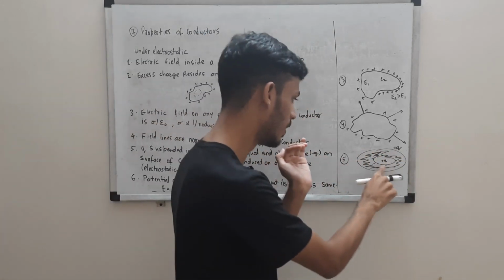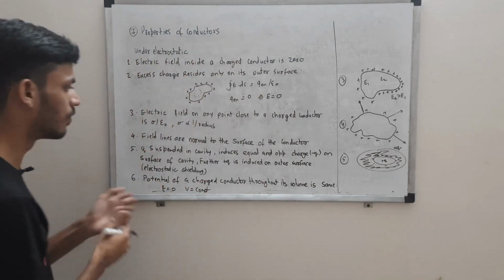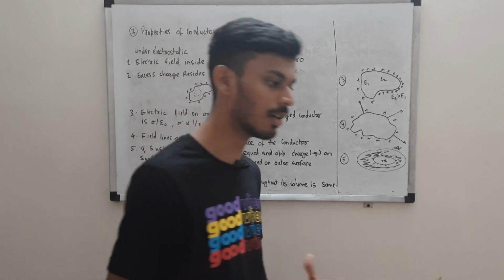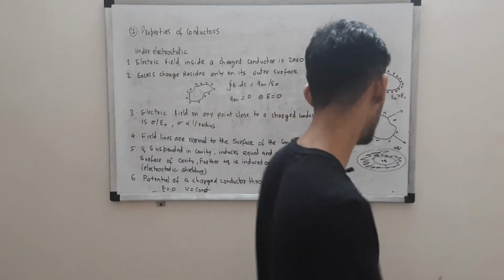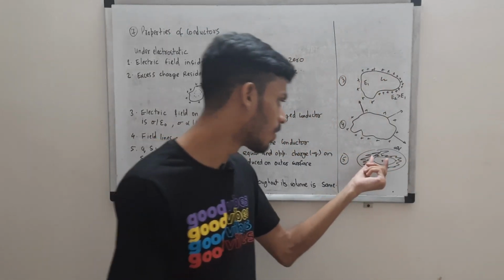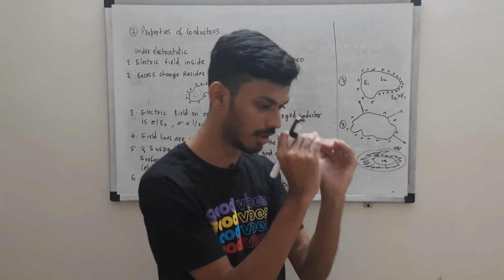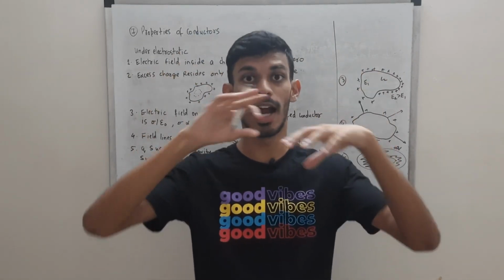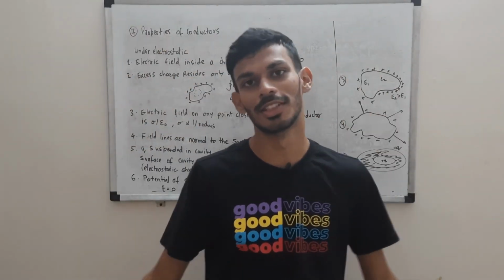So minus Q will be present inside, and further plus Q will be induced on the outer surface, just to keep the electrical neutrality, right? This plus Q will reside only on the surface.